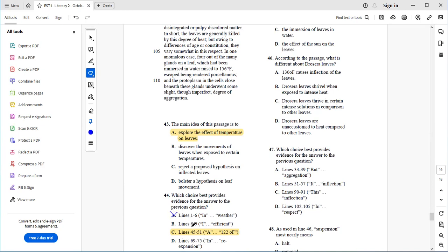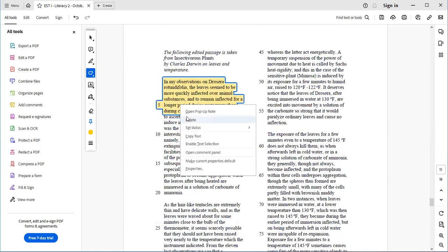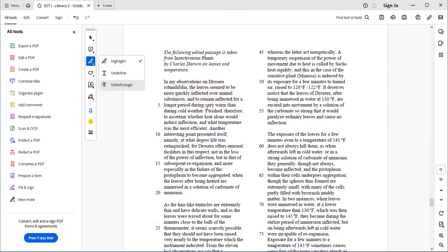Let's look at B. From 6 to 9, from "I" till "efficient." He said, I wished, therefore, to ascertain whether heat alone would induce inflection.